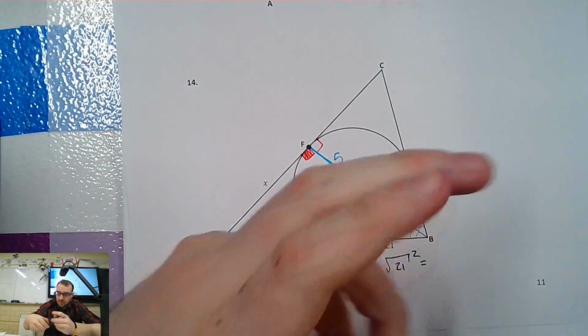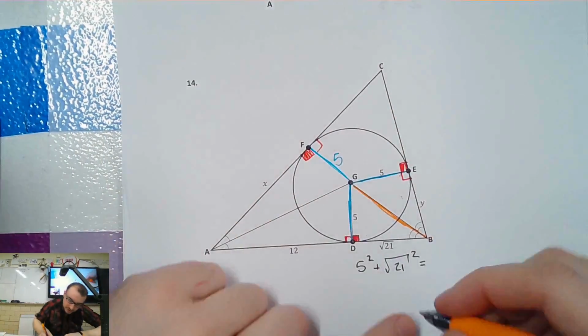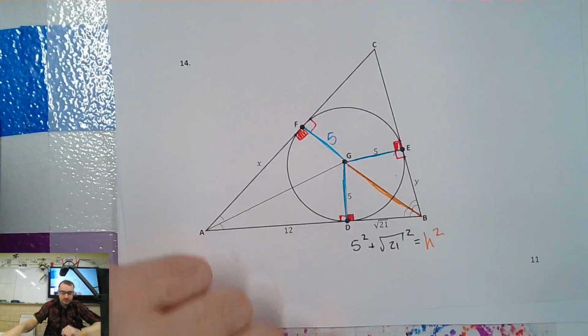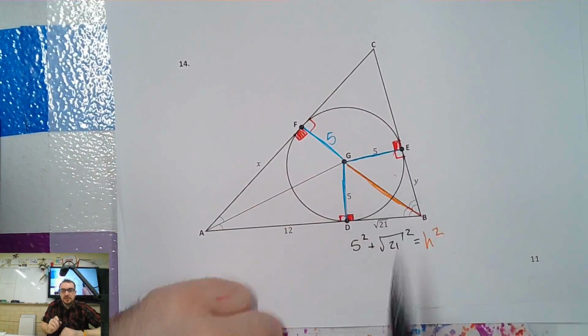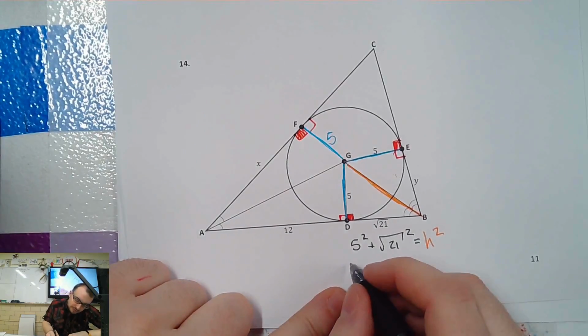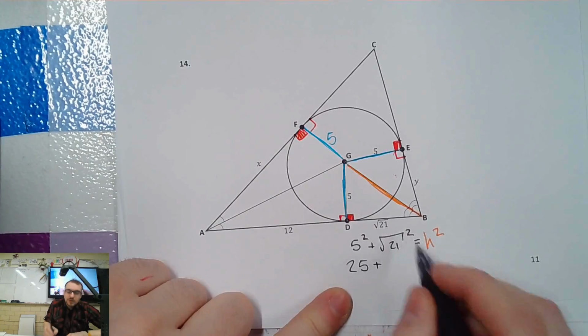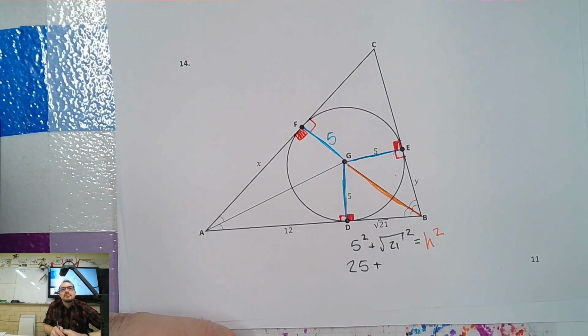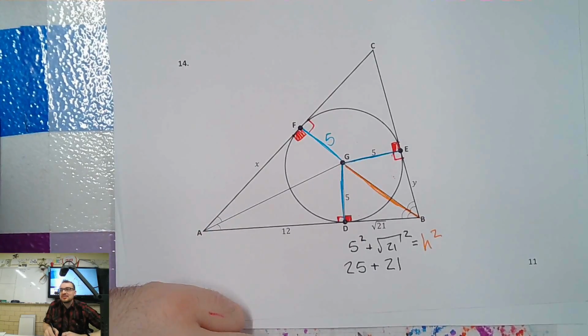Equals, we don't know the hypotenuse. We'll call it h. We're going to figure that out, because then when we have that, we can get these two. So what's 5 squared? 25. What's root 21 squared? 21. Roots and squares cancel.